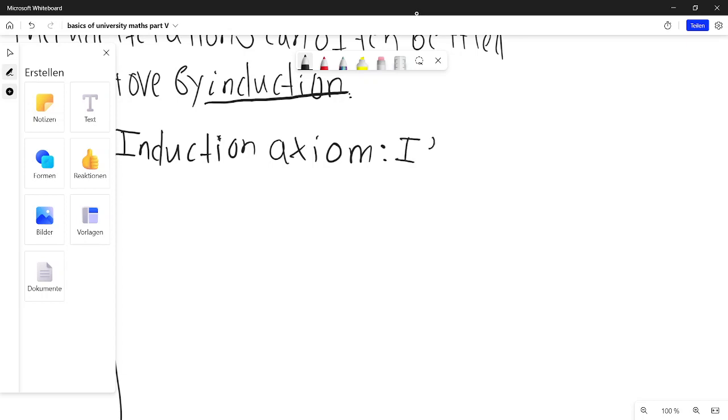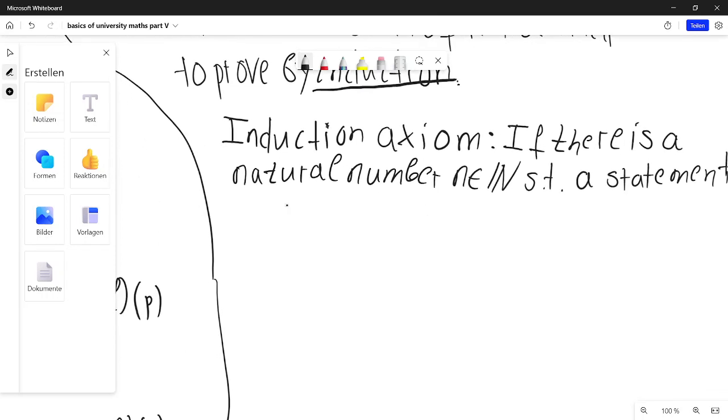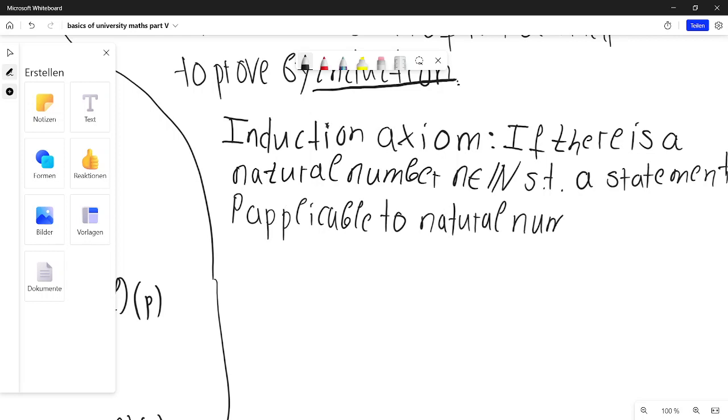If there is a natural number n in N such that a statement P applicable to natural numbers, and that includes a very broad range.